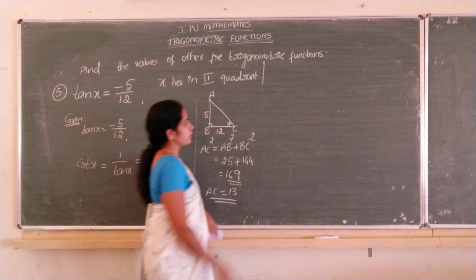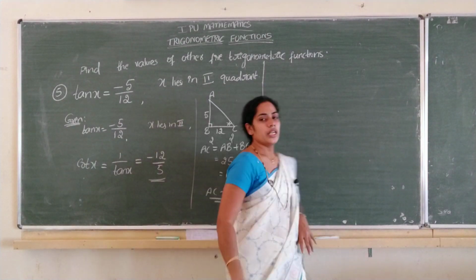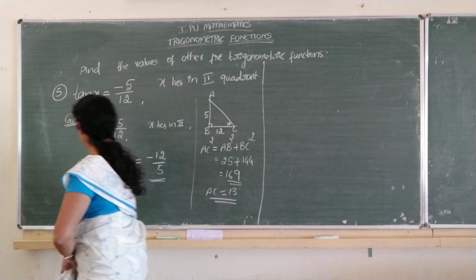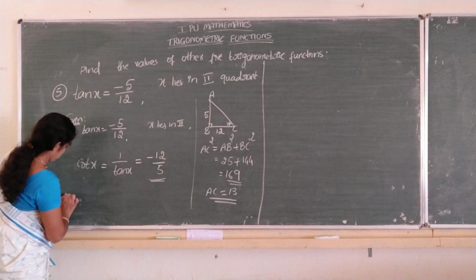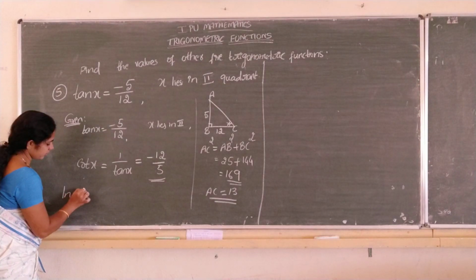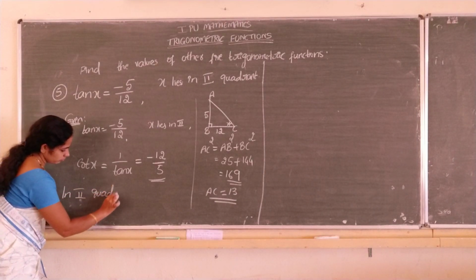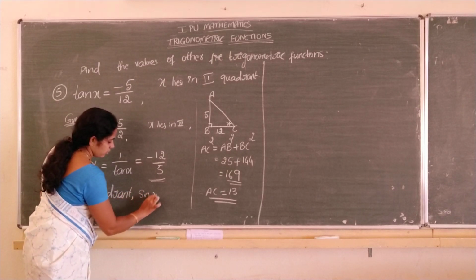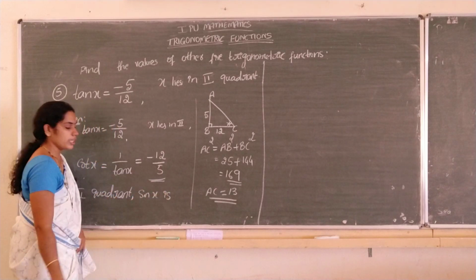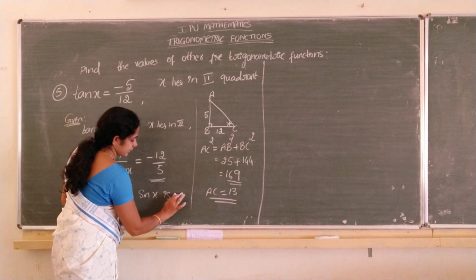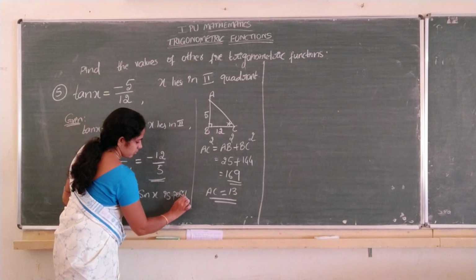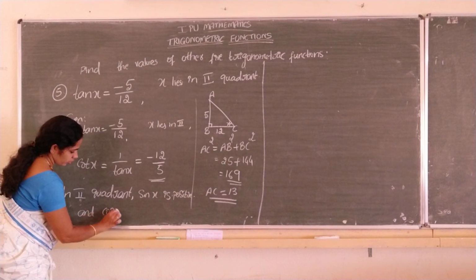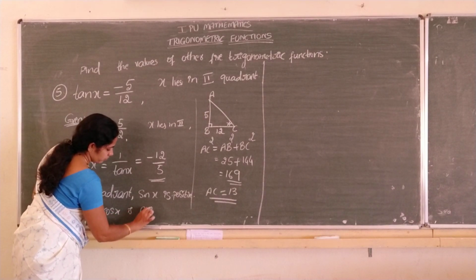Let us find out other trigonometric functions. What is the sign here? In the second quadrant, sin x is positive, correct? And what about cos? Cos x is negative.